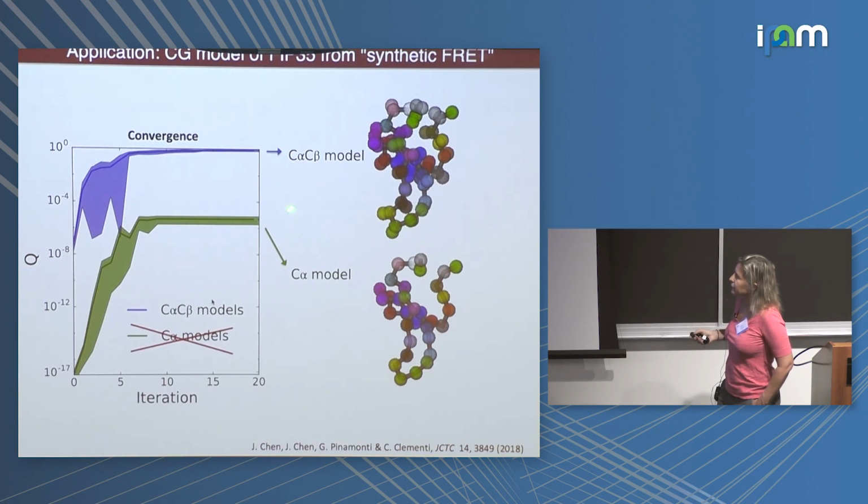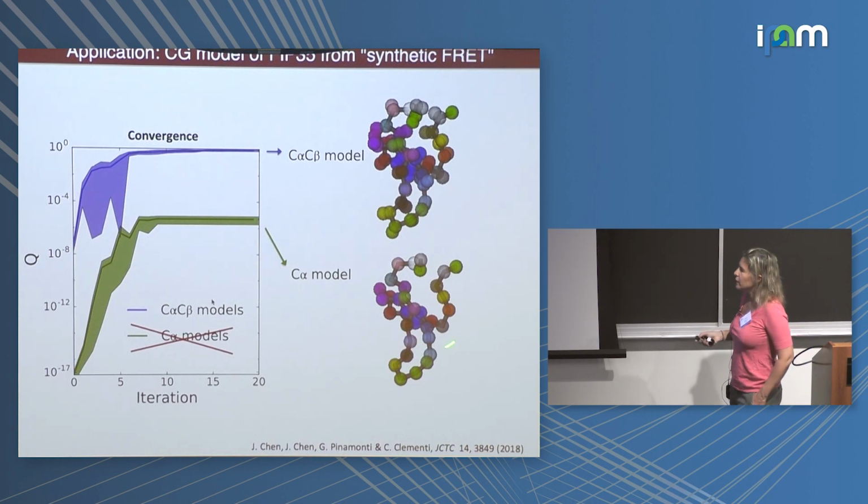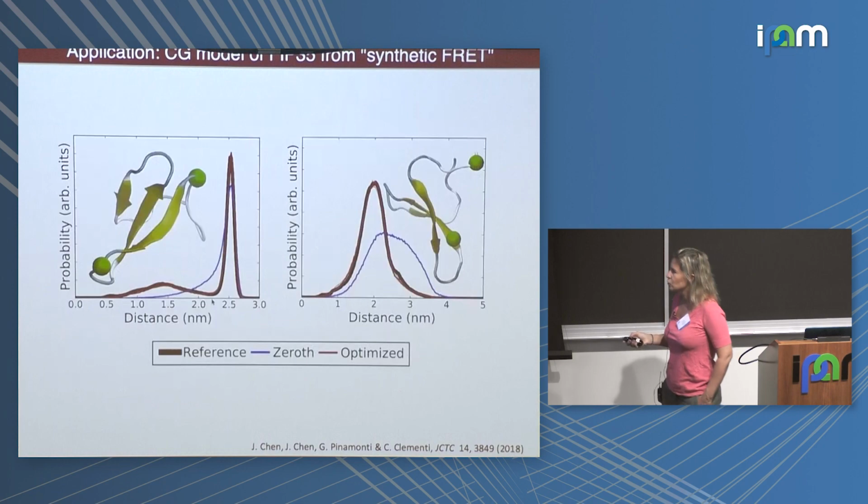Because we have a likelihood, we can compare the likelihood of different models. We used the C-alpha model, only the carbon alpha to represent the protein, or carbon alpha and carbon beta. We found that in this case, a carbon alpha model is not a good way to represent the system, because the likelihood converges to 10 to the minus 6, while for carbon alpha, carbon beta, we can go to a likelihood close to 1.